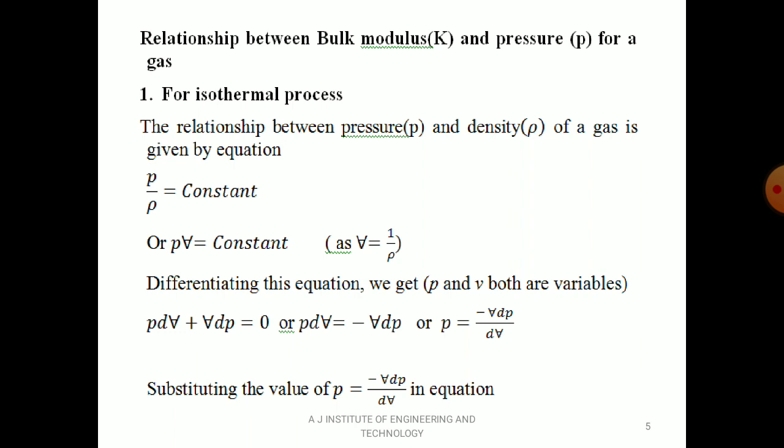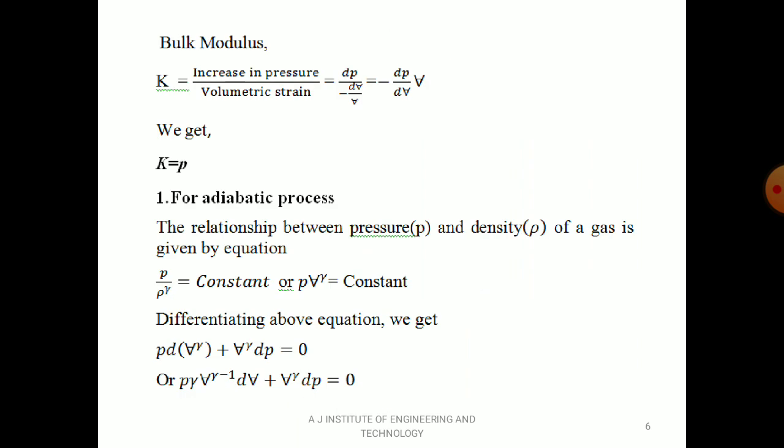Substituting this value of P, equal to minus V dP divided by dV, in the equation for bulk modulus. So bulk modulus K equals increase in pressure divided by volumetric strain. Increase in pressure is dP, volumetric strain is minus dV divided by V. So that equals minus dP into V divided by dV.